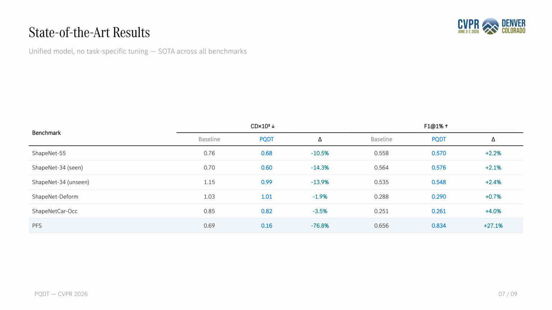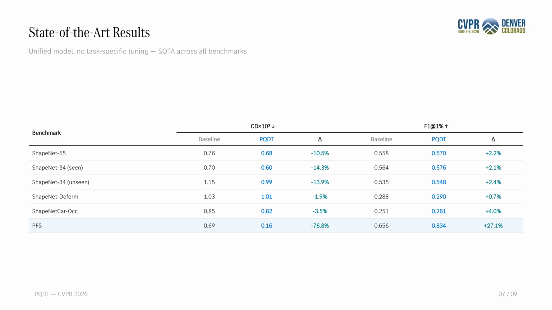As shown in the table, PQDT achieves state-of-the-art across all benchmarks using a single unified model with no task-specific tuning. On ShapeNet-55, we reduce chamfer distance by 10.5% over the previous best. On the unseen categories of ShapeNet-34, we improve CD by nearly 14%, demonstrating strong generalization.